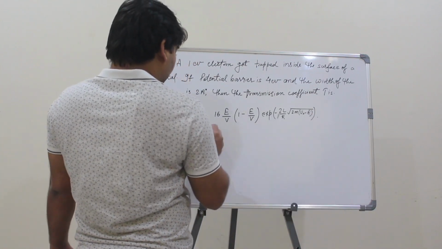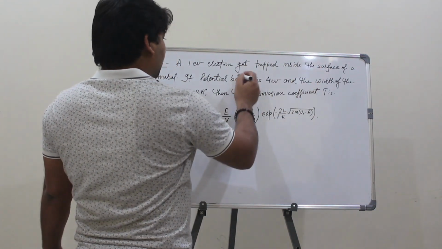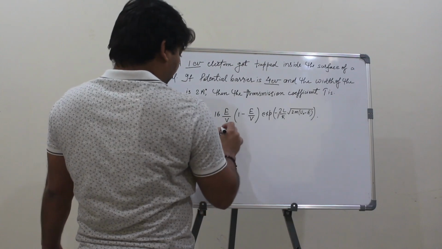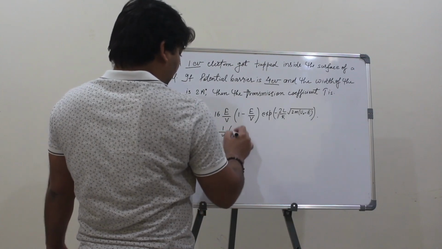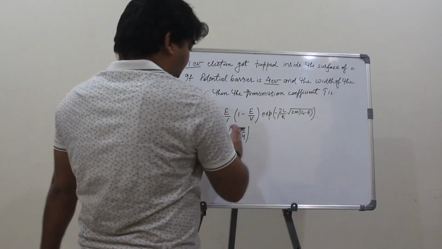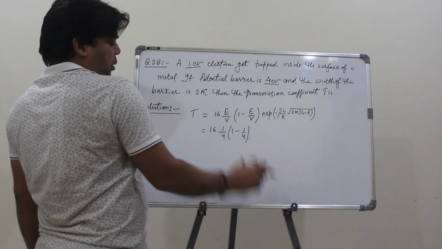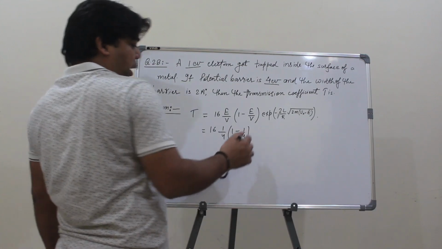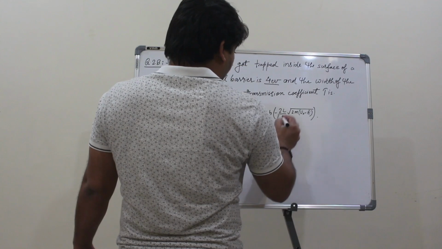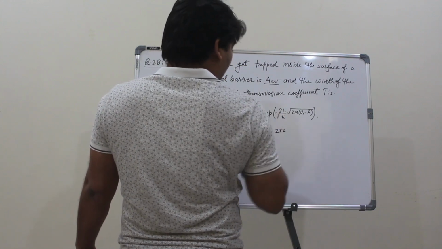Now I just try to solve it. 16 E is given, E is the energy and V is this. So 1 by 4, 1 minus 1 by 4, right? This is how much? 4 minus 1, 3 by 4, and 3 by 16. 16 cancels out. So 3. This is how much? 2 angstrom, 2 into 2, right?